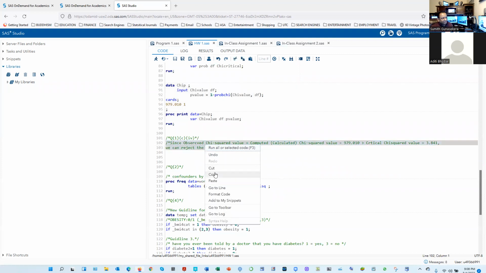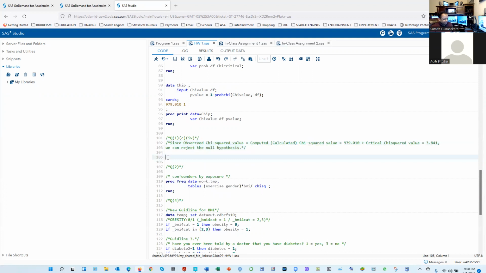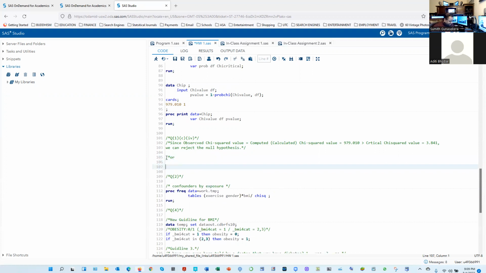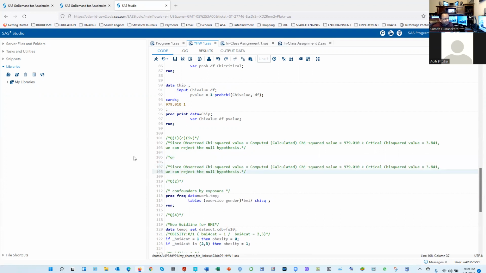Or you can simply say, since the p-value is the probability of a chi-square value more extreme than the observed value.